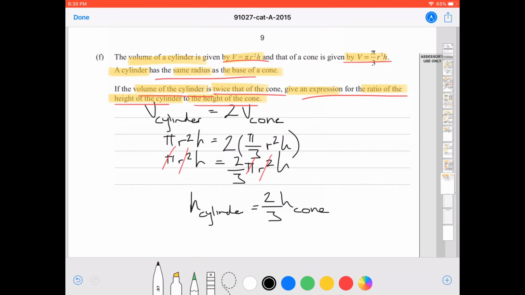Basically, ratio of the height of the cylinder is 2/3. H of the cylinder equals 2/3 h of the cone. And so the marking schedule also gives it as in proper ratio form 2:3.